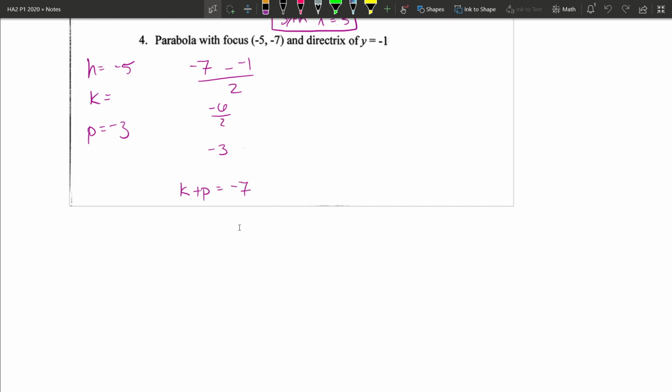And we know that p is negative 3. So if we add our 3 over, we get that k equals negative 4. So we can put negative 4 here.